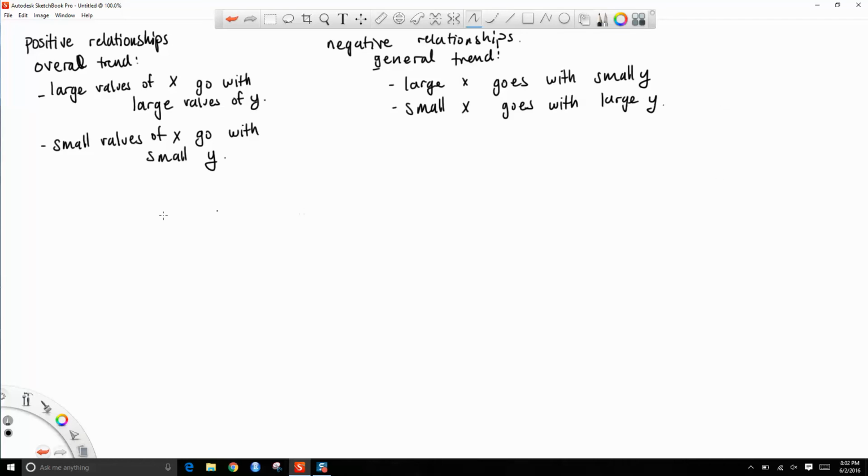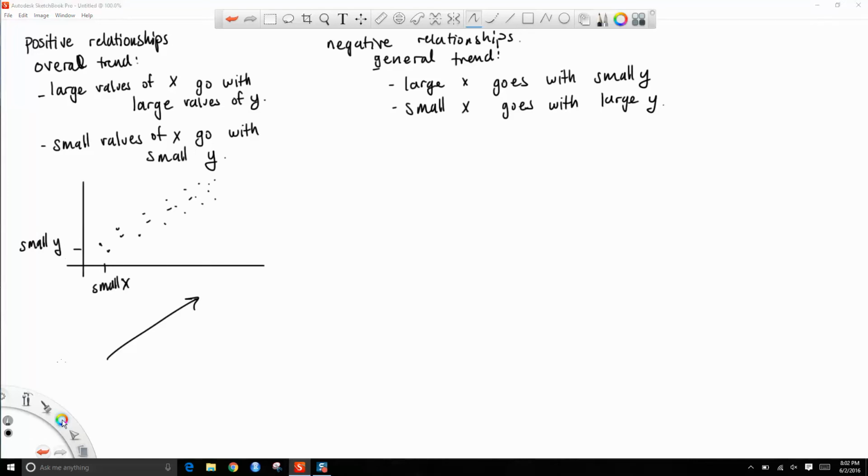large y. Okay, and so a positive relationship, again talking overall, looks something like this. You have something in this direction where here you have small x and small y, and then over here you've got large x and large y.